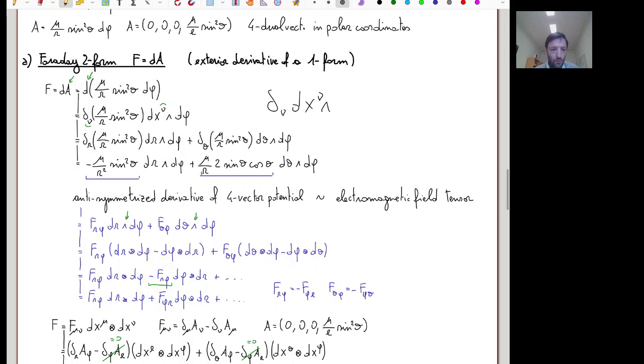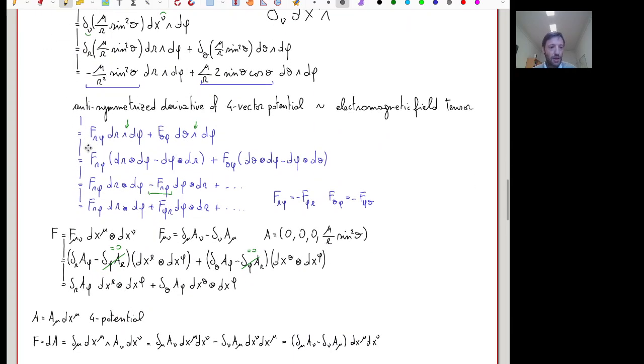Therefore, F theta r is equal to minus F r phi, and here you see the antisymmetry. If you do the same exercise for the other one, you are going to realize that it is antisymmetric too. The tensor is antisymmetric also for the other non-zero component. And that's the standard expression, so that's what you would expect for the electromagnetic tensor of electrodynamics.